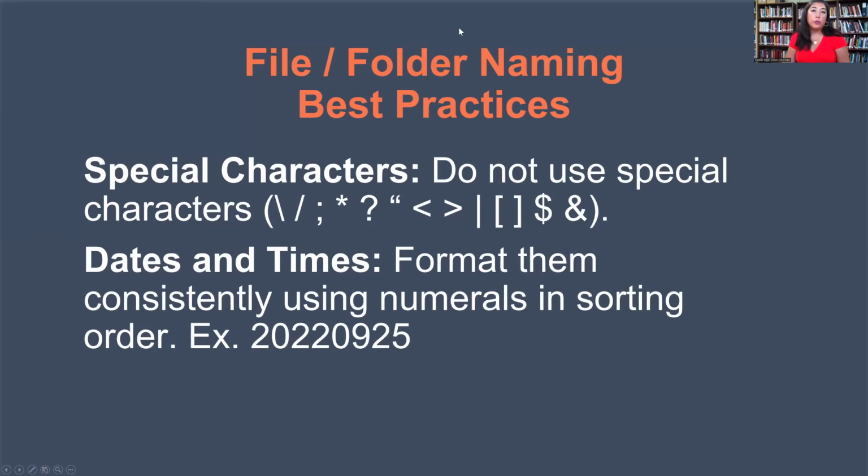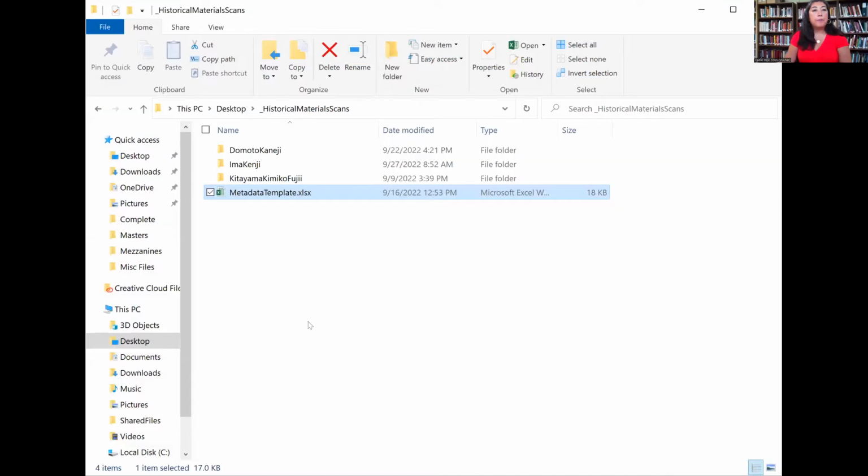I'm going to switch over here and show you some concrete examples of what I mean about Densho's naming conventions. Here I have the folder where I keep all of my scanning projects, and you can see here we use last name, first name as the base for all of the files that we create.